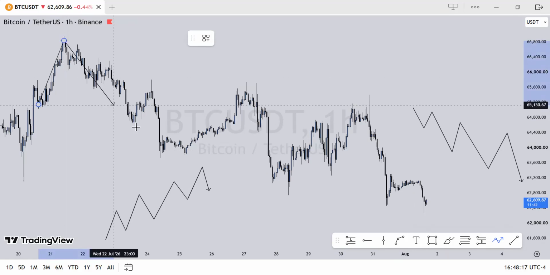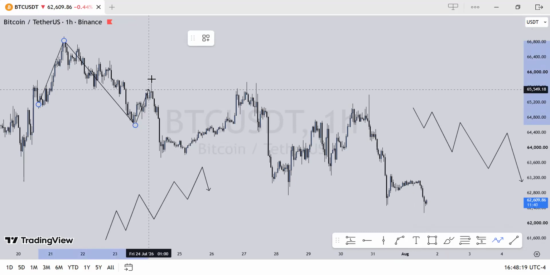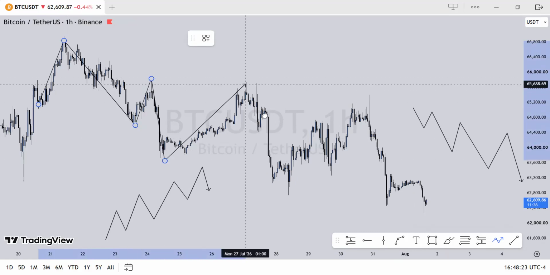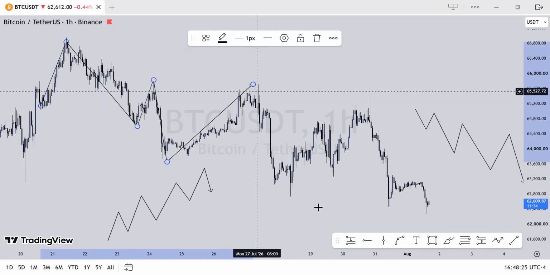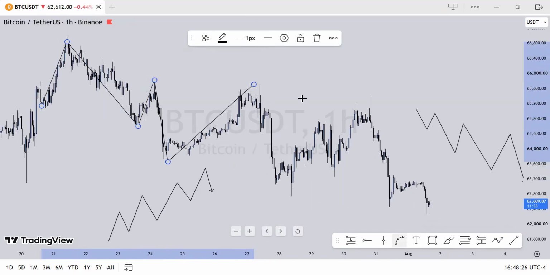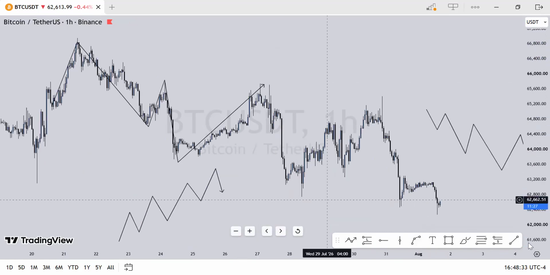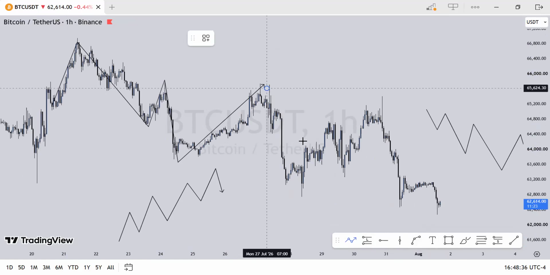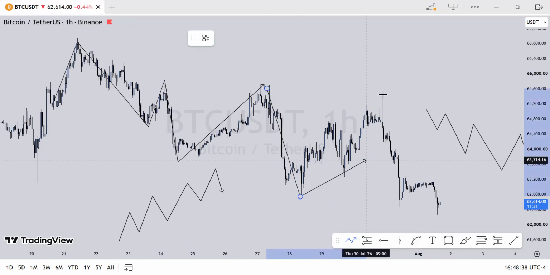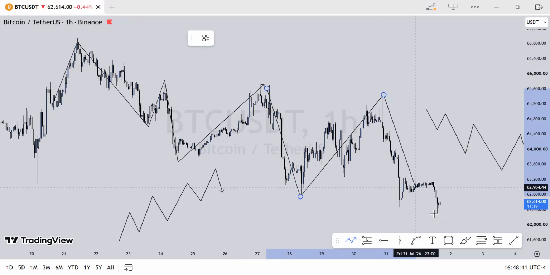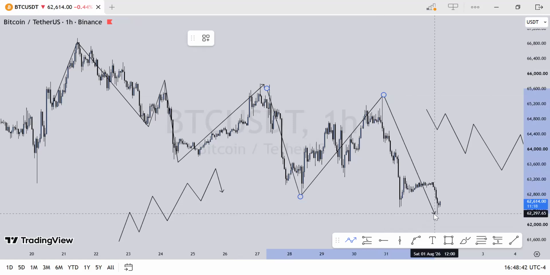It created a lower low, a lower high, a lower low, a lower high, a lower low, a lower high, and eventually we've seen our lower low. What else are we expecting in price?